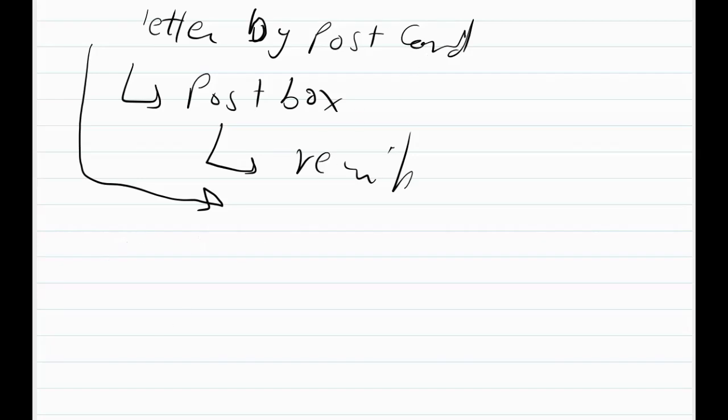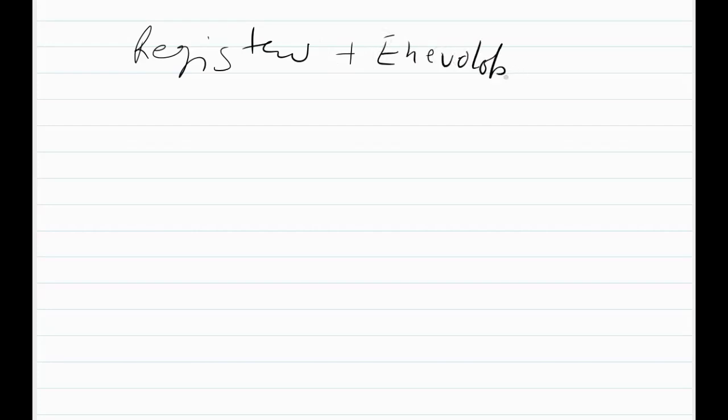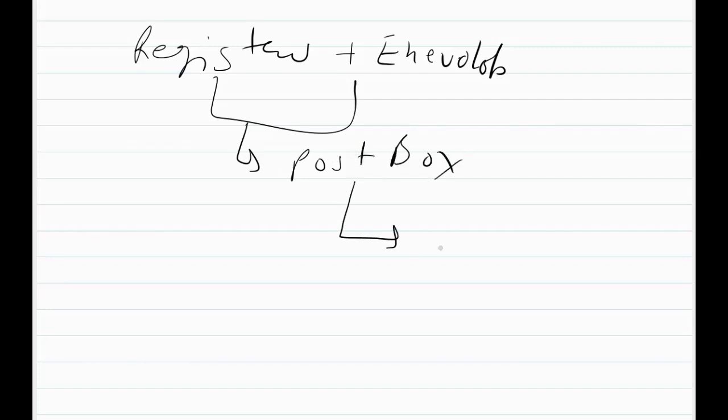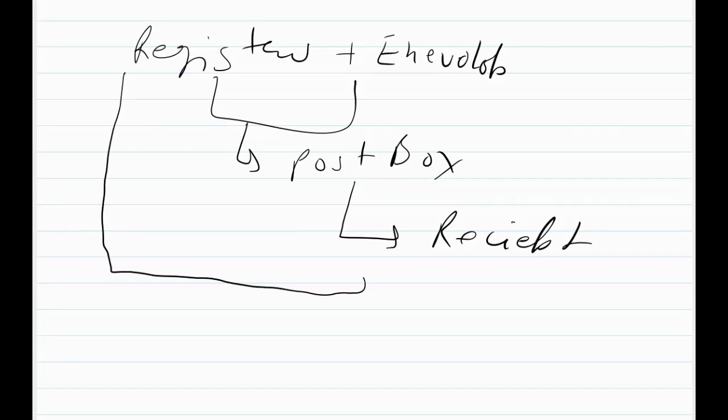On the other hand, we can send a letter through registered post within an envelope, sent to the post box, and then it is sent to the recipient. In this way, this letter cannot be read by anyone except the recipient.